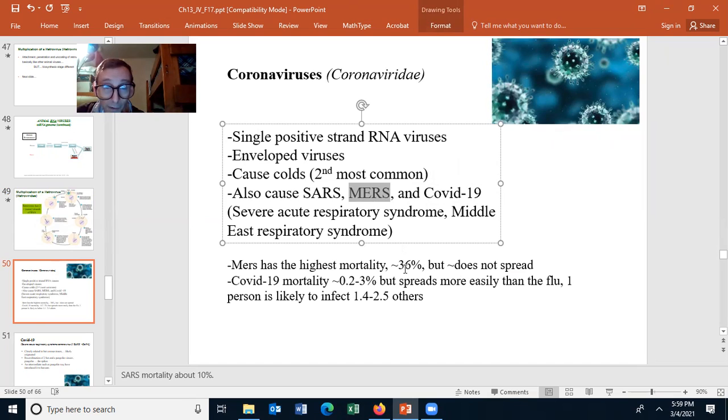But the good thing about MERS is it doesn't spread from people to people. Most of the people who come down with MERS are in contact with camels a lot. So apparently MERS is a virus that camels have, and it can infect people from the camel. But once the people get MERS, they're unlikely to spread it to other people. Any question about that?